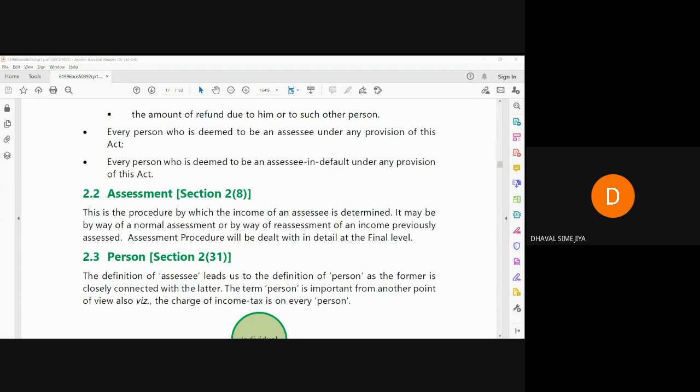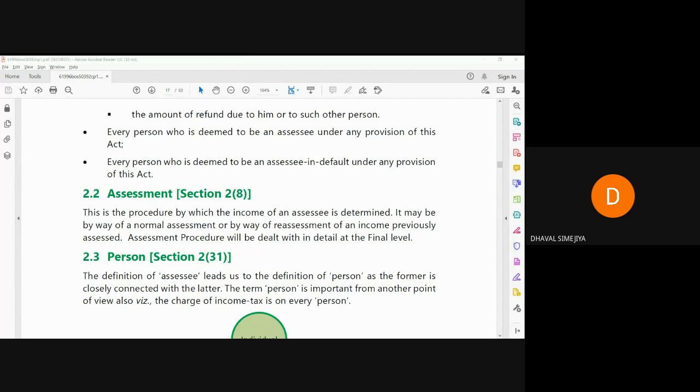Are you getting this? All of you know that first of all, the income tax return is filed by the person himself or herself. He will file his income tax return. For example, Mr. X has to file a return, so he will calculate how much amount he has earned and he will file his return, saying, okay, I have earned this much money and I have to pay this tax.